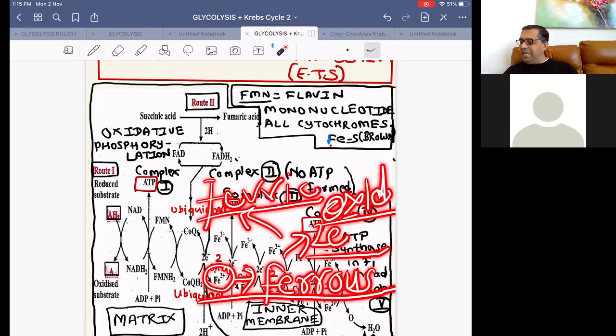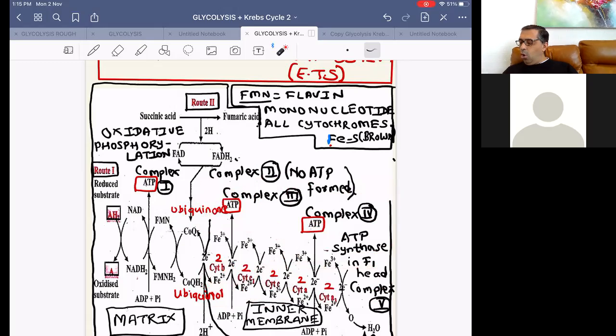Who accepts the electron? Cytochrome C1. Again, there is a pair of electrons and there are two cytochrome C1. Each cytochrome C1 will accept one electron. So two electrons, one will go to one cytochrome C1, the other will go to the other cytochrome C1.